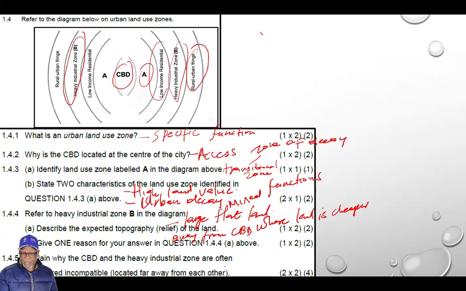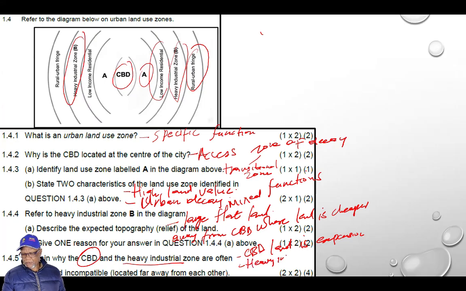Explain why the CBD and the heavy industrial zone are often considered incompatible. Number one, in the CBD, the land is expensive, and in the heavy industry, the land is cheaper.